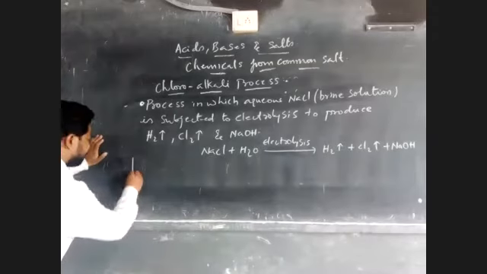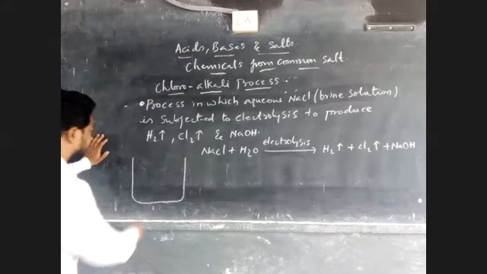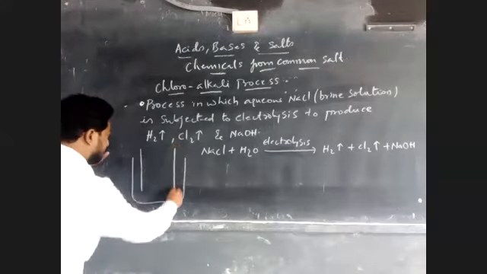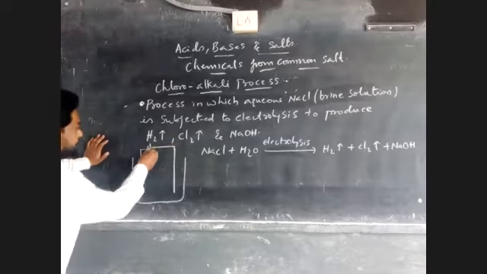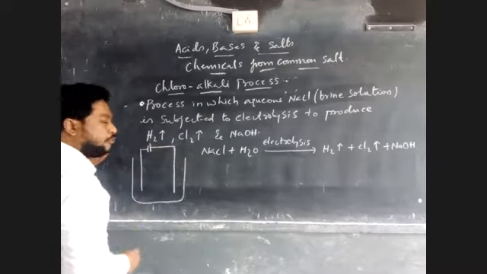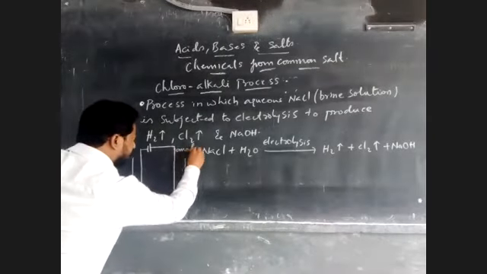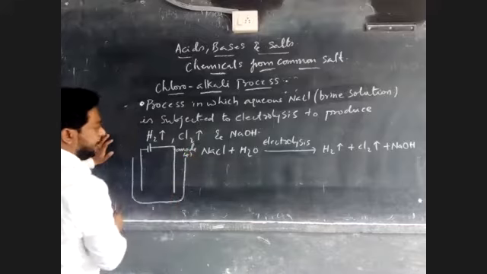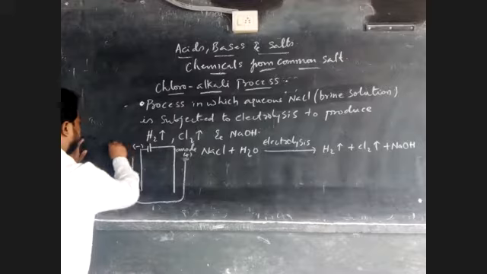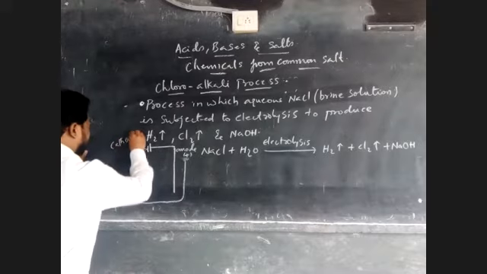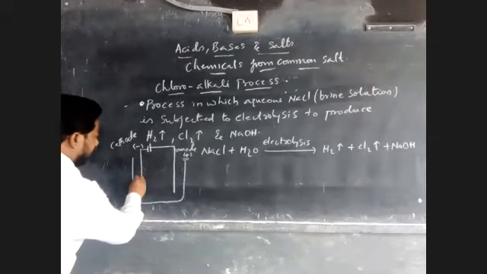Let's see the diagram for this. Take the beaker. Place the graphite rods and connect them to the battery. Now the graphite rod connected to the positive terminal is the anode, and the one connected to the negative terminal is the cathode.